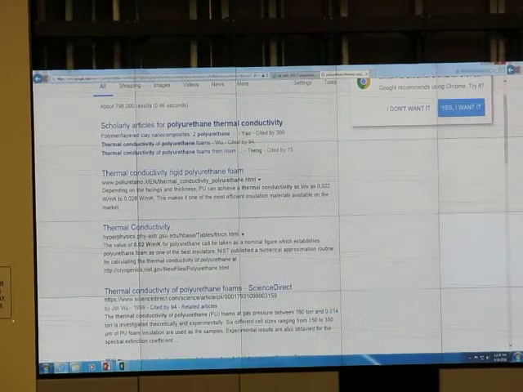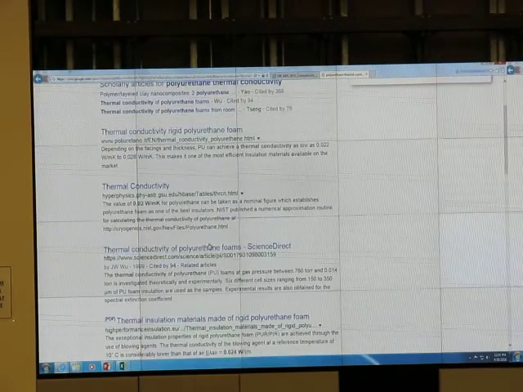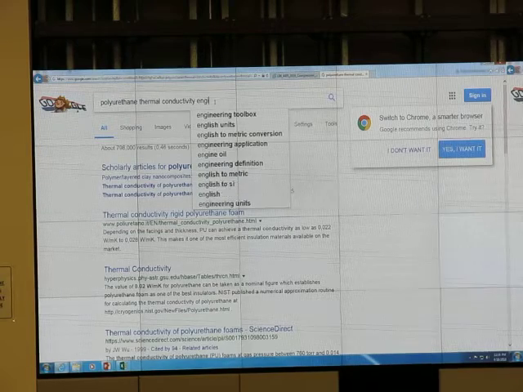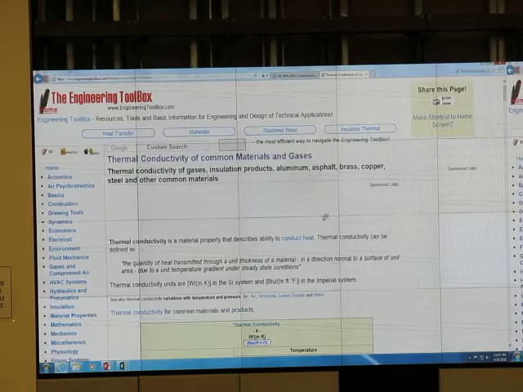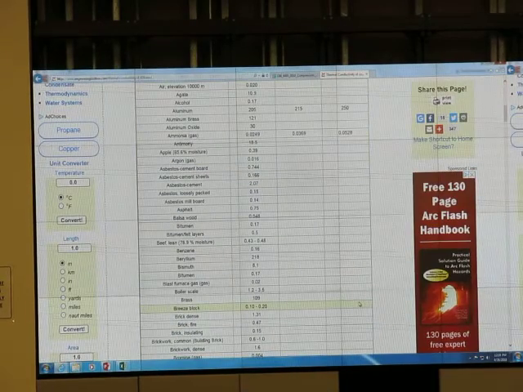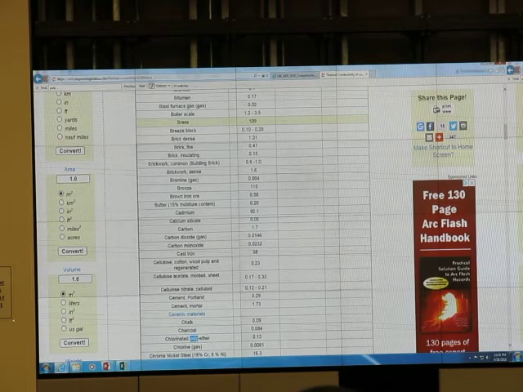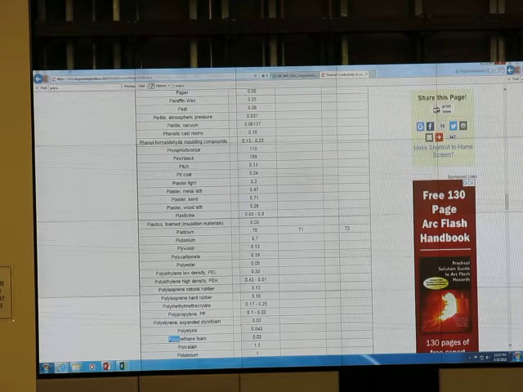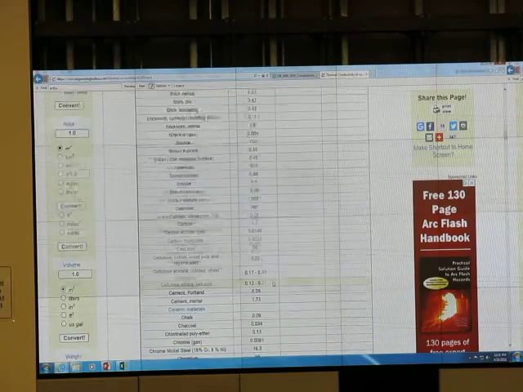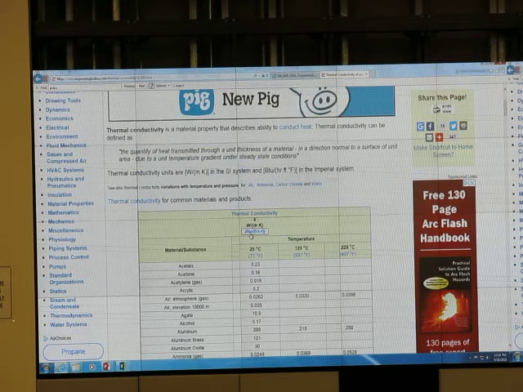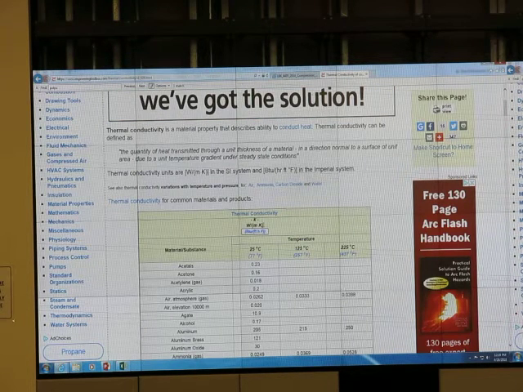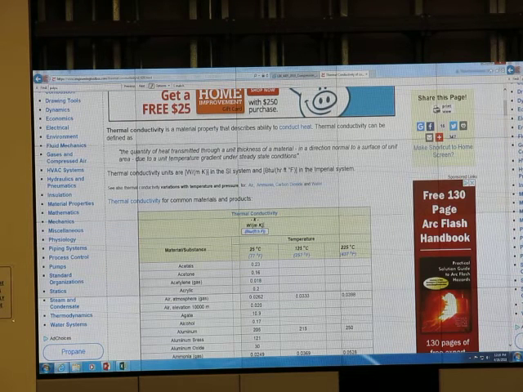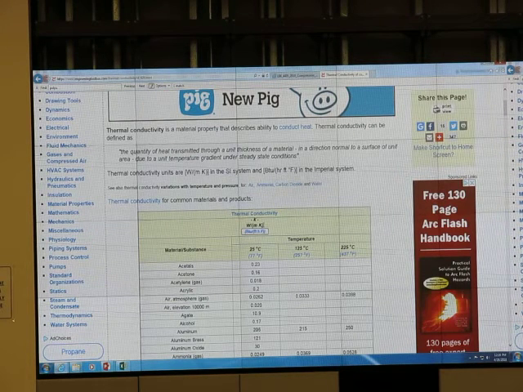You open a reliable website, and it will be about polyurethane foam 0.03. What is the unit? Watt per meter per Kelvin. Okay, 0.03. A lot less. Did you write 0.03 down? Write the unit too.